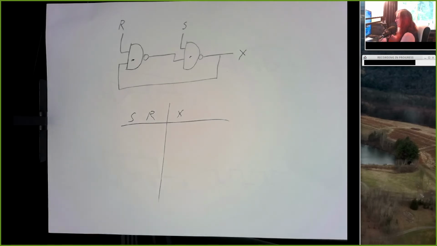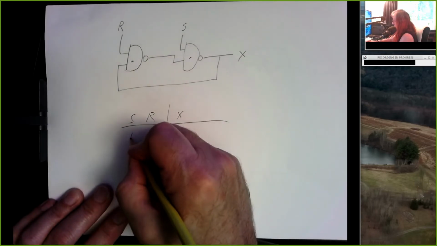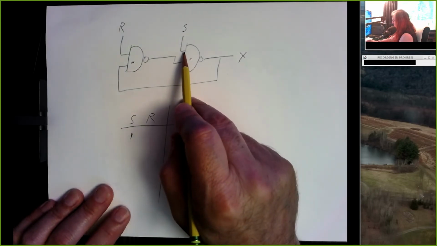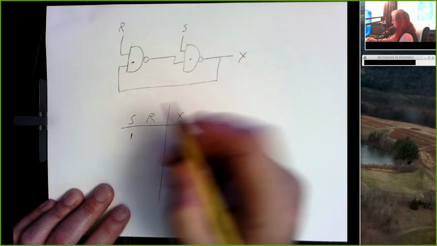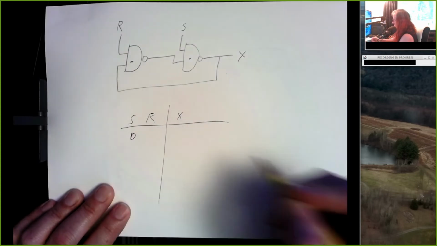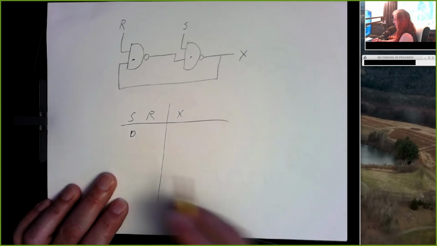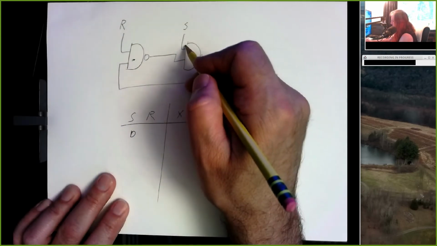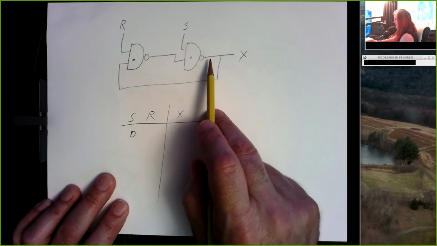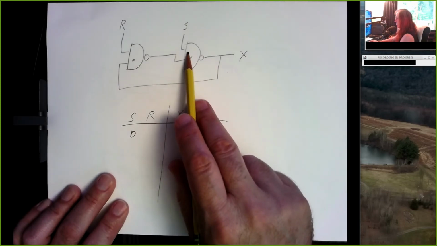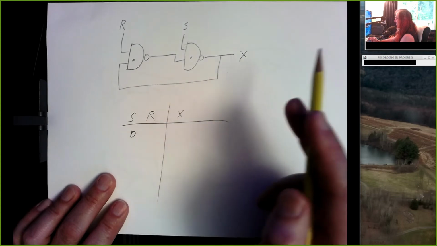So suppose I set S equal to 1. Suppose I put a 1 right here in this, well, let's do this. Suppose I set S equal to 0. All right, so I've got a 0 going into this input of my NAND gate. Can I say what the output of this NAND is? S is a 0. We don't know what this input is. Do we know what X is?